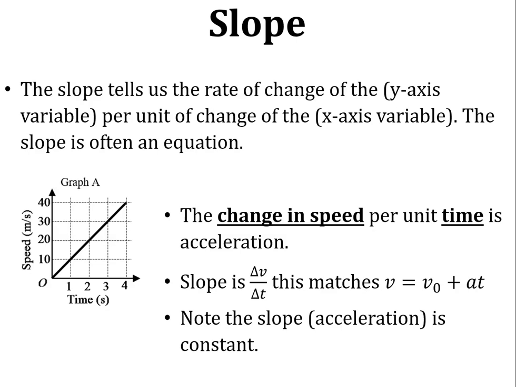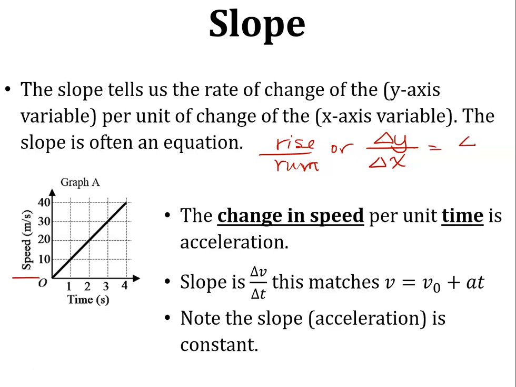So whenever I want to know what the slope is going to tell me, remember, slope is rise over run, or you could say it is the change in the y variable divided by the change in the x variable. Well, if I look at this graph, I have speed as my y variable.